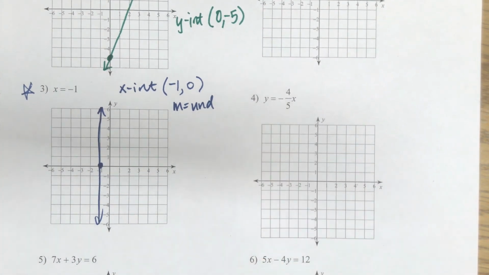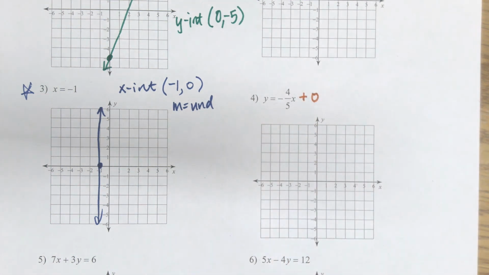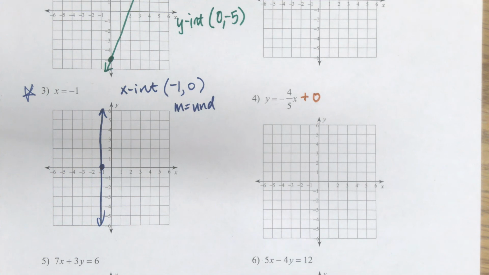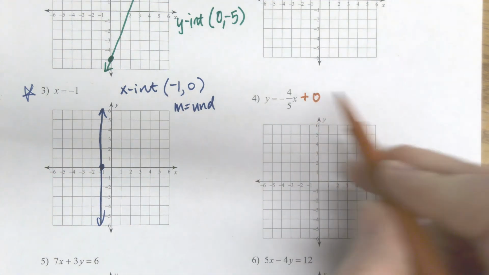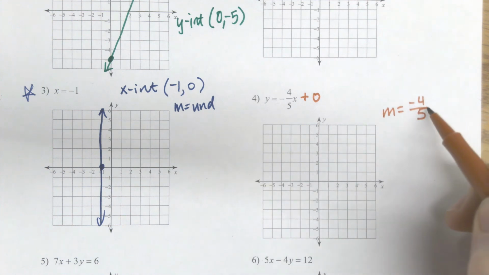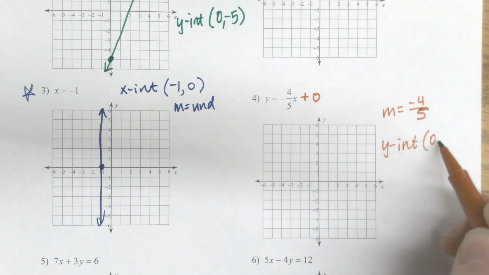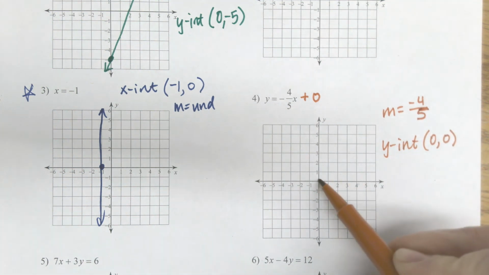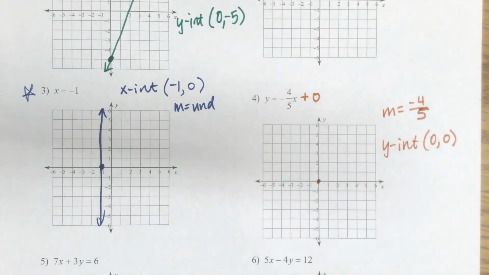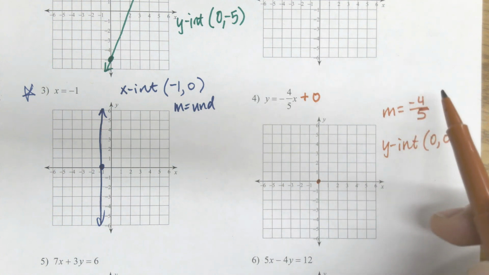But everything else, when it's in y equals mx plus b form, even if I don't have a b part of it, I can assume that part is 0. And so when I am graphing this, I have a slope of -4/5 and a y-intercept of 0, 0. So I put my little point at 0, 0. Remember, negative slopes include one negative move.